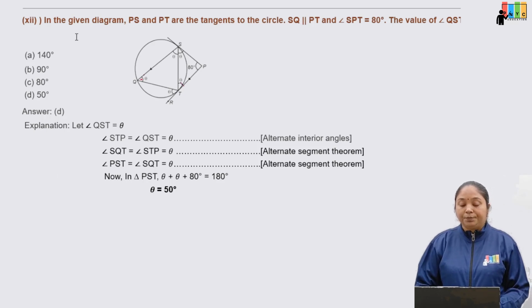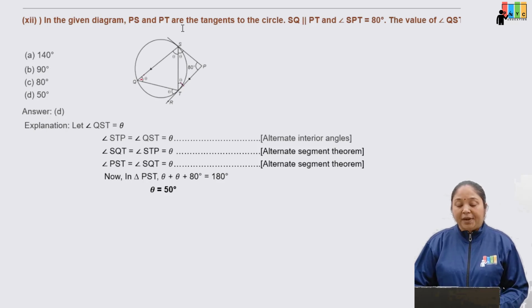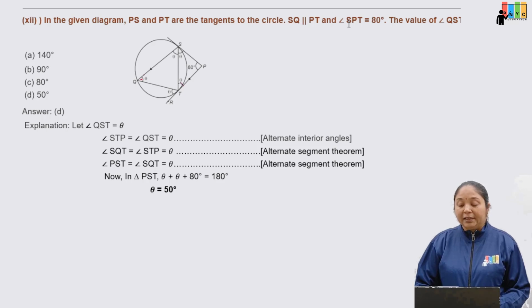On circle. In the given diagram, PS and PT are tangents. Here PS and PT are the tangents to the circle. SQ is parallel to PT, and angle SPT is equal to 80 degrees.